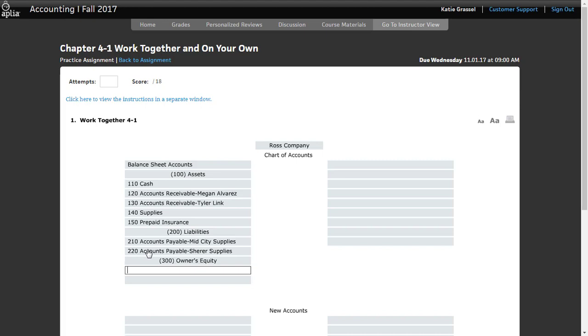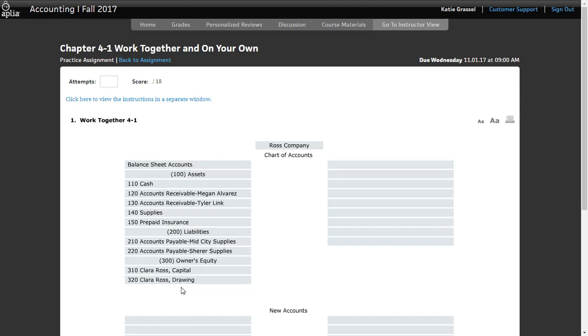The withdrawal account means it's a contra account to it, meaning it's only there to take away from it. We always list capital first. So 310 is going to be your capital account of Clara Ross Capital. And then 320 is going to be Clara Ross Drawing.